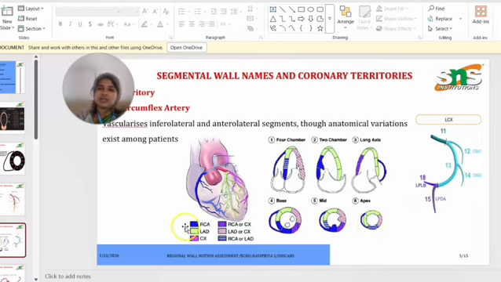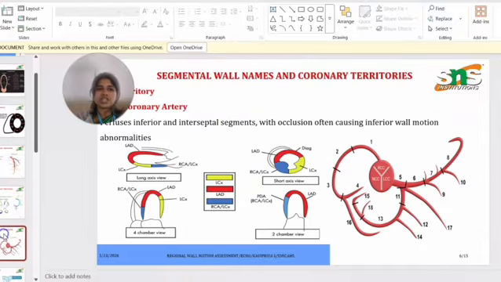At the apex, blue mentions RCA, yellow is LAD, and purple mentions LCX. Another one is the RCA territory, the right coronary territory, which perfuses the inferior and inferoseptal segments; occlusion often causes an inferior wall MI because it is a single artery.